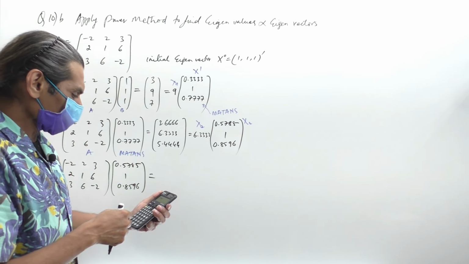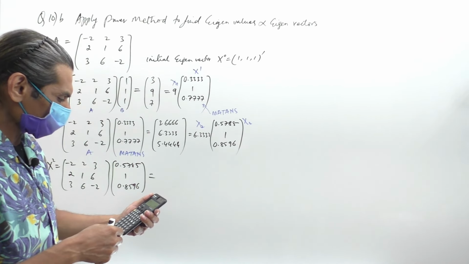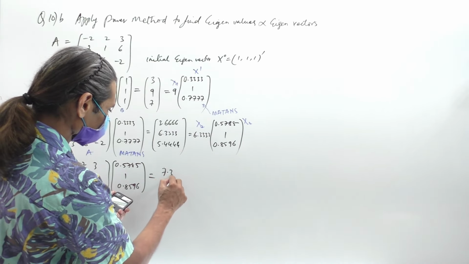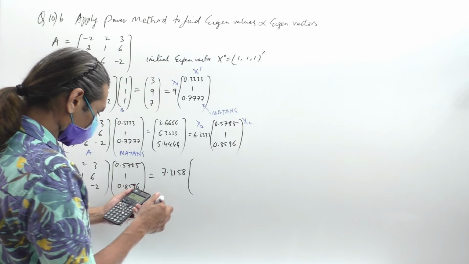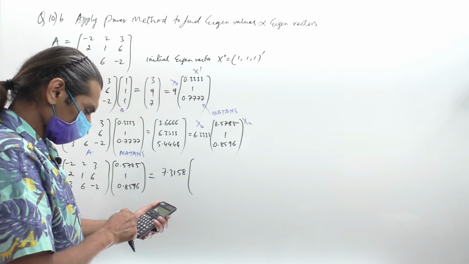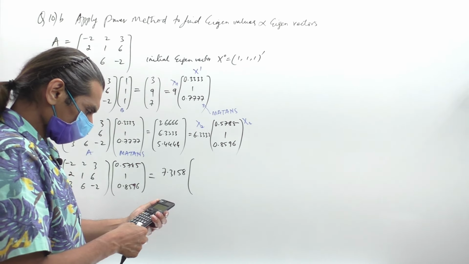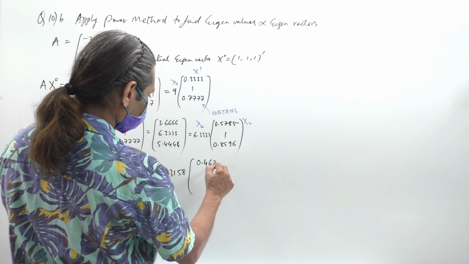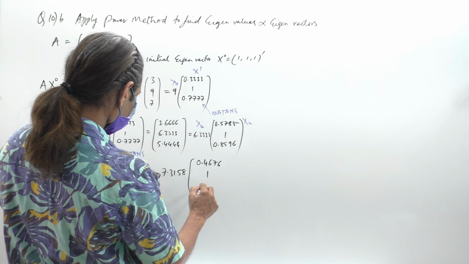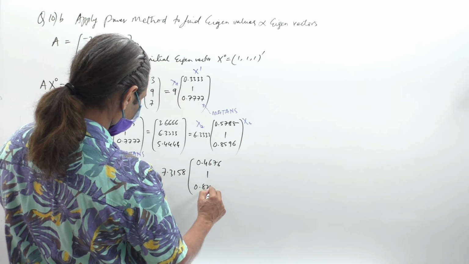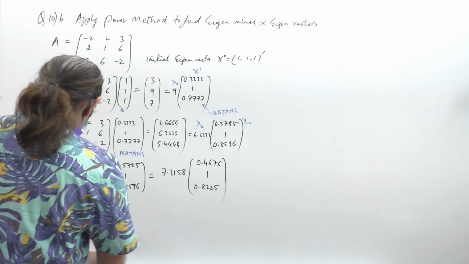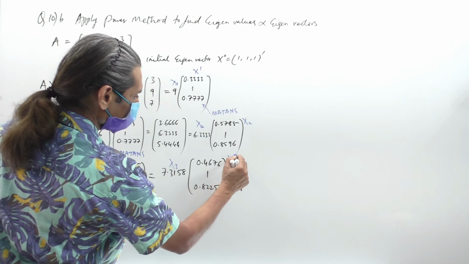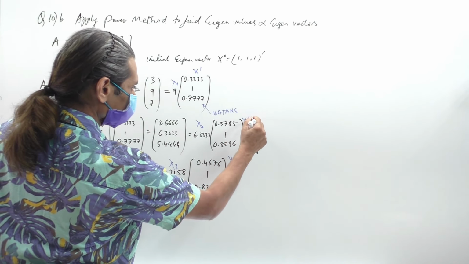So you get 3.421, 7.315, 6.0175. The highest value is 7.3158. So divide the whole thing by 7.3158, which gives 0.4676, 1 and 0.8225. This is my new eigenvalue, lambda 3, and this is x3.